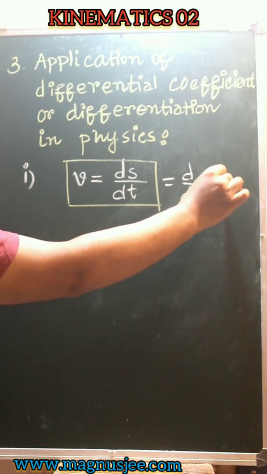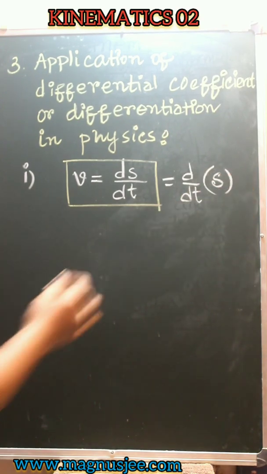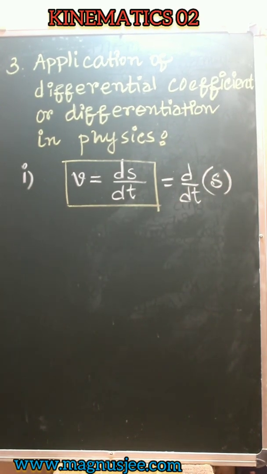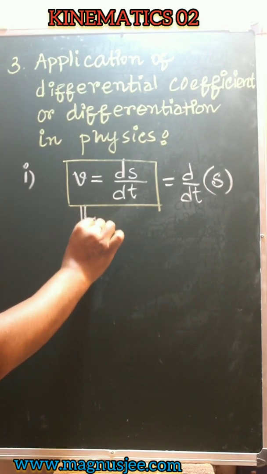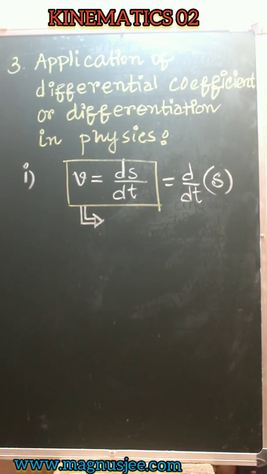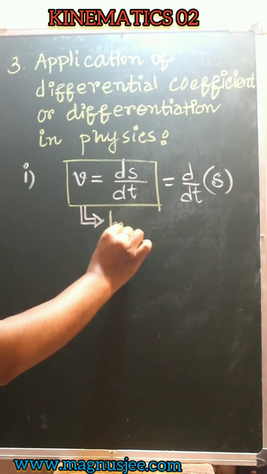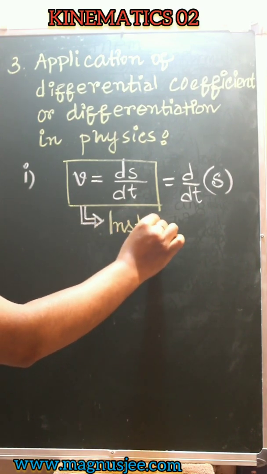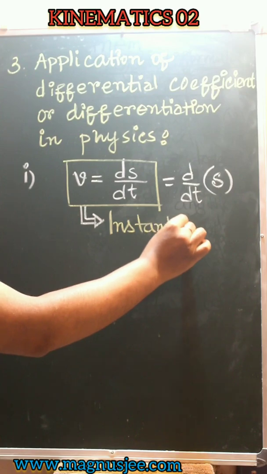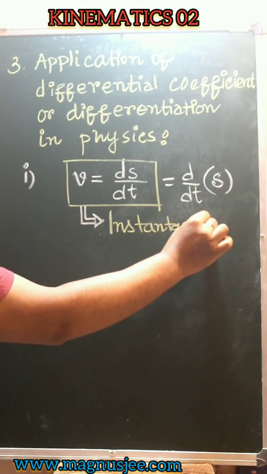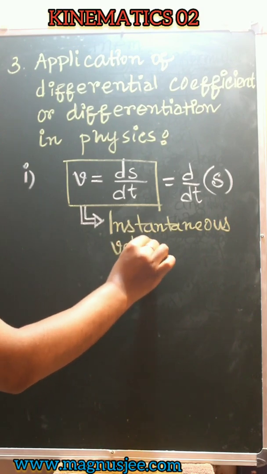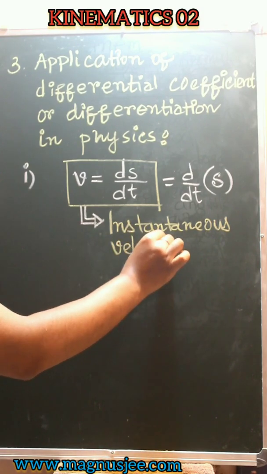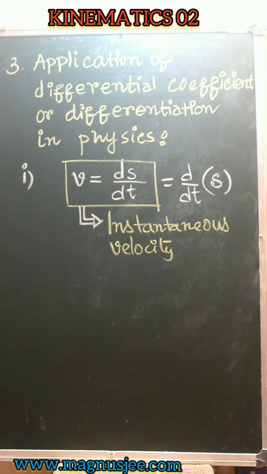That can be written as d/dt of s, where s is the displacement. v equals ds by dt is known as instantaneous velocity. Instantaneous velocity means velocity at an instant t second.